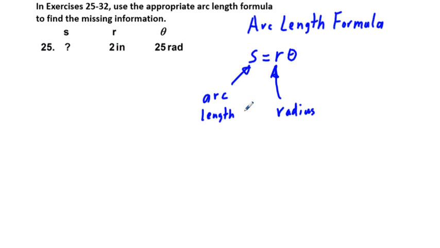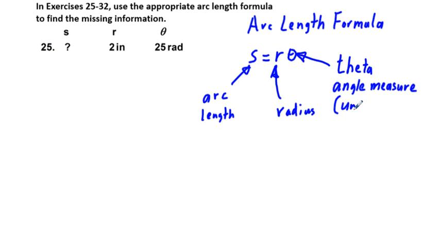And the units of the arc length and radius will be the same usually. If not, then they can be converted. And this theta, and I'm going to write this out, it's a Greek letter. It has to do with angle measure. So theta, it's the angle measure. And one other thing that's really necessary to understand is the units of this angle measure are not degrees.